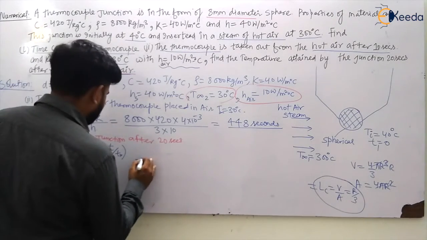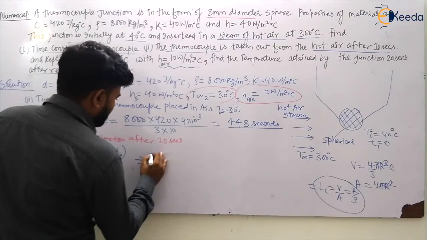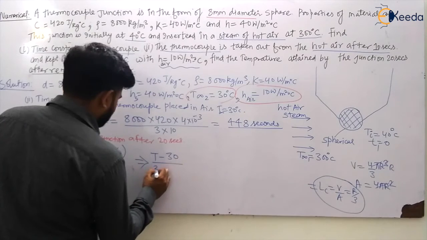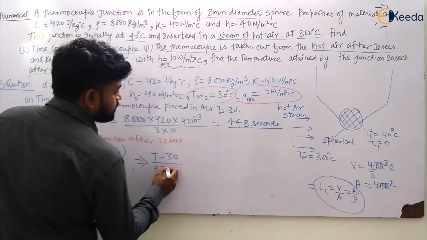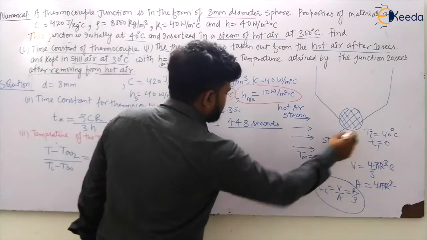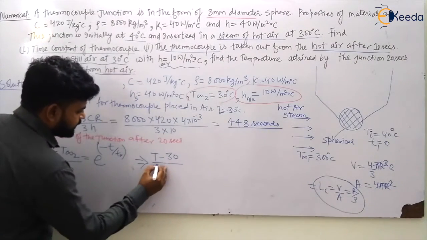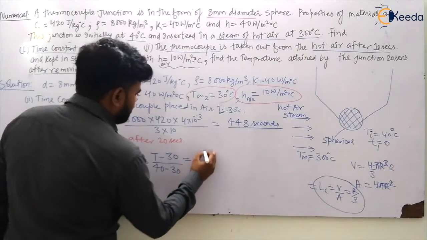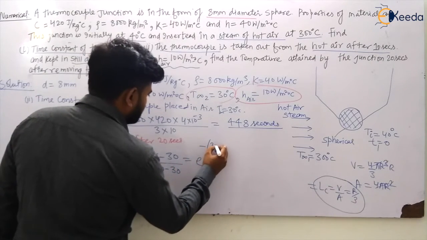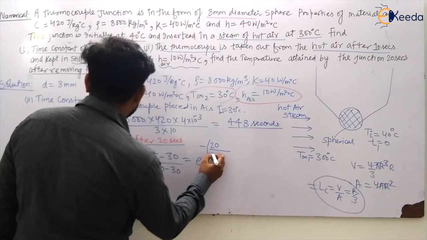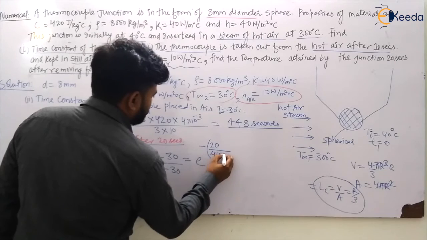So this will become T, which we have to calculate, minus T infinite 2, which is given to be 30. T initial, how much is it, my dear students? T initial is 40 degrees Celsius, minus 30, is equal to e to the power minus of t, that is after 20 seconds, 20 divided by one time constant, which is 448.